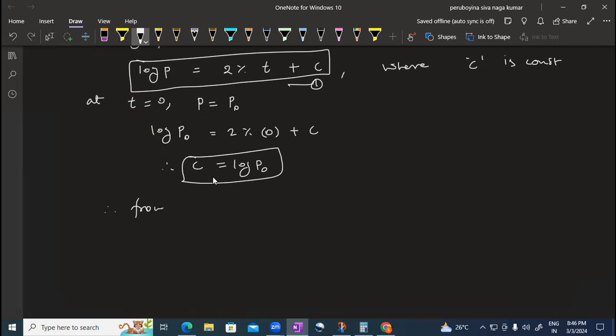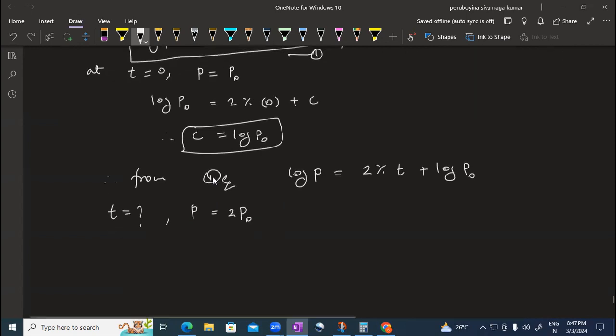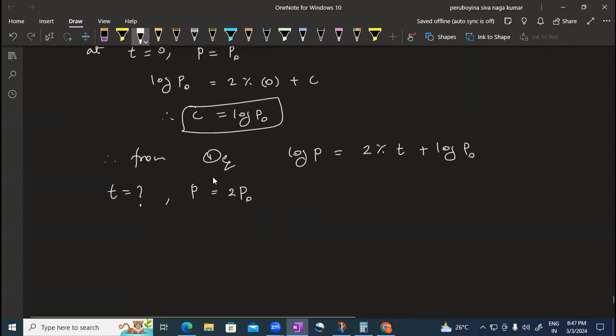Therefore, from first equation, log P is equal to 2% of t plus log P naught. So now we have to calculate time when the population will be double. Double means 2 into P naught, when you compare with initial population.